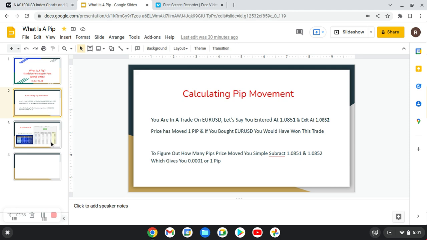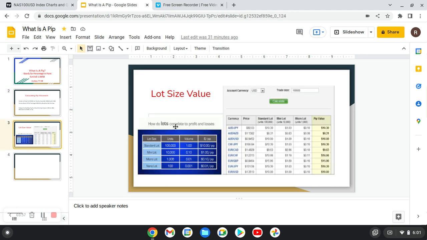On this next slide here, I pretty much have what lot sizes you should use and examples of pairs with those lot sizes and how much money you would make, because I cannot stress this enough: you do not want to over leverage.